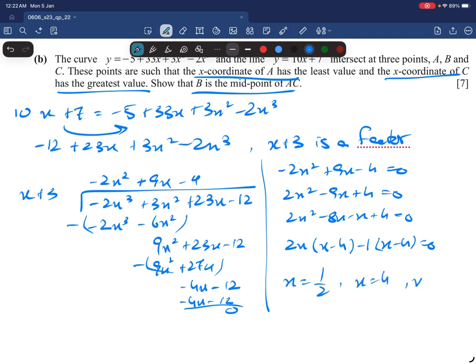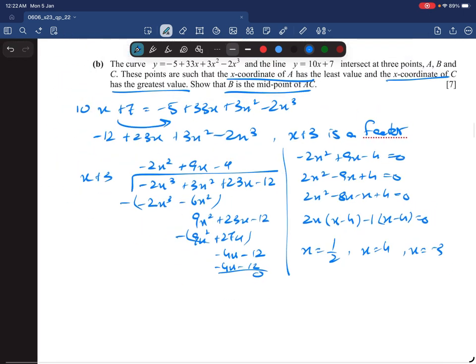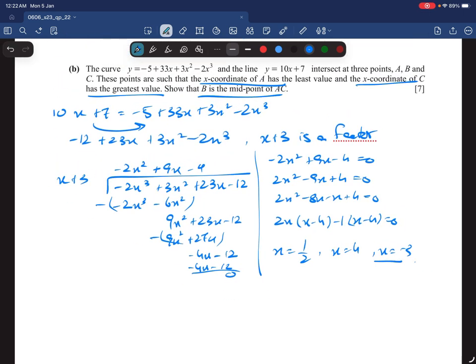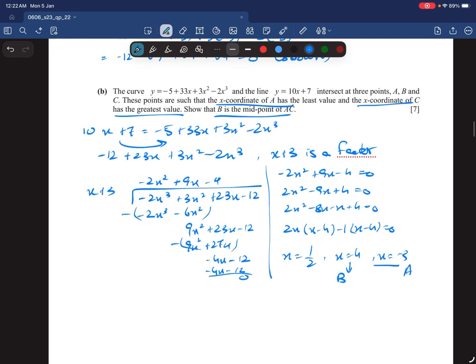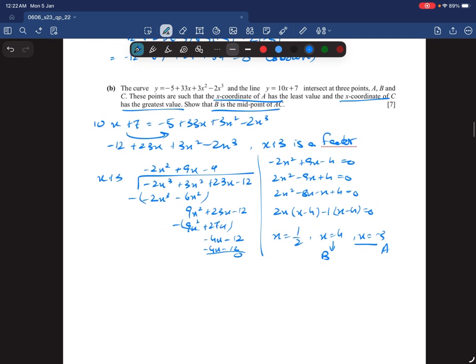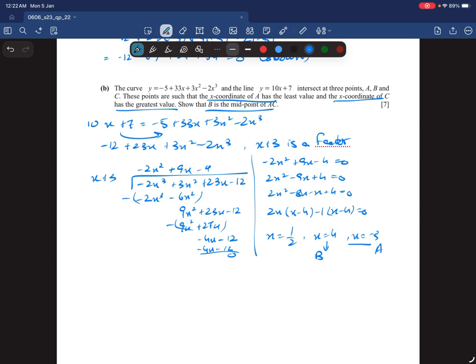And we also have x equals minus 3. Alright, the least value here is minus 3, which is the x coordinate of A, and the greatest value is this, which is the x coordinate of C. So let's just find the y coordinates for each of them.